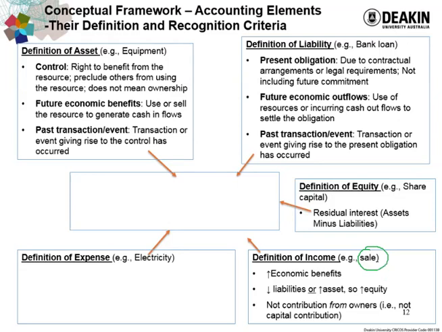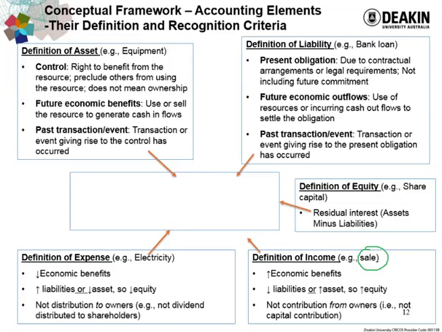Next, let's have a look at the definition of expense. Examples of expense include electricity, advertising, and so on. For expense, we need to show that there is a decrease in economic benefits during the period. And how do we prove that? So we show that there is an increase in liability or a decrease in asset, leading to a net decrease in equity. And note that it is not a distribution to owners.